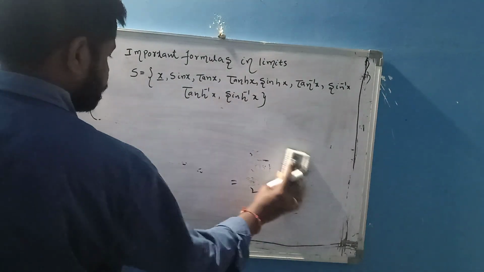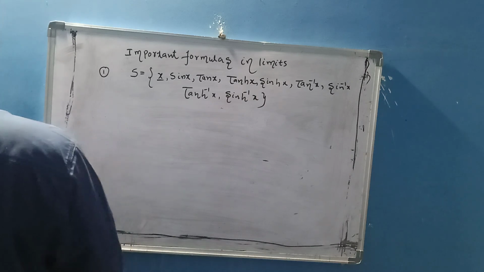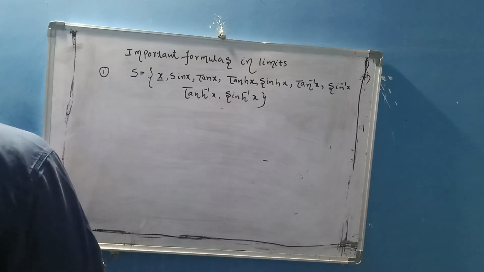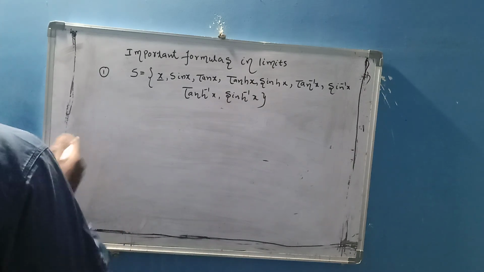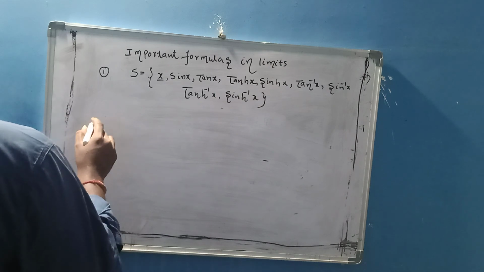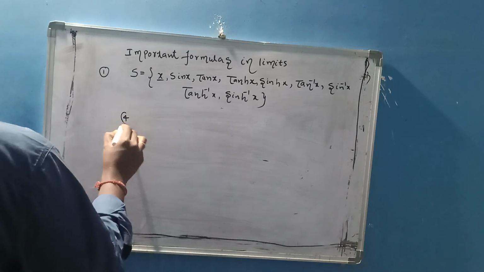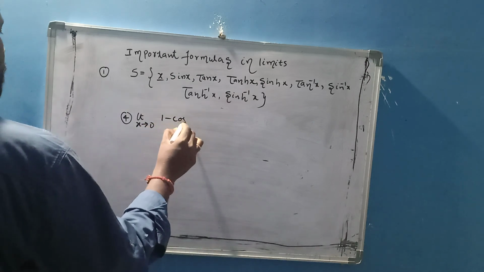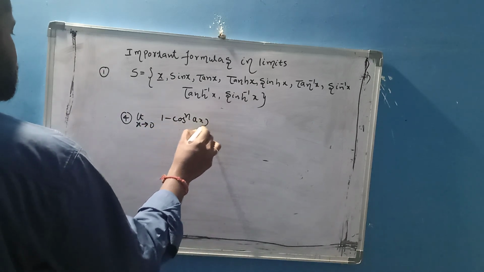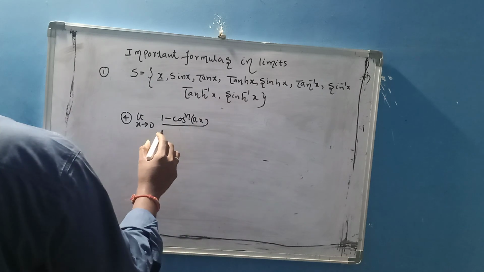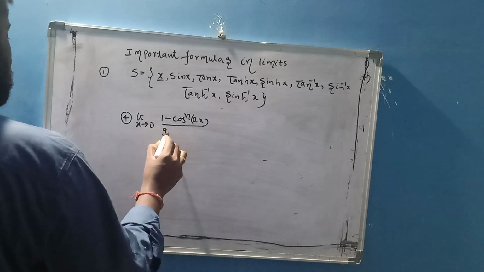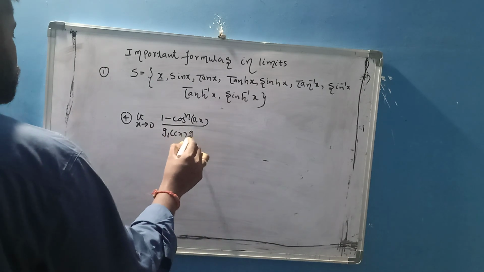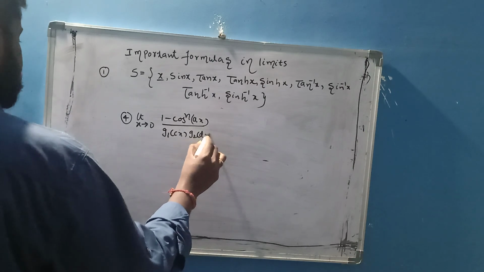Fourth formula. For example, same as the third formula, like this: limit x tends to 0, 1 minus cos power n into ax by g1 of cx into g2 of dx.